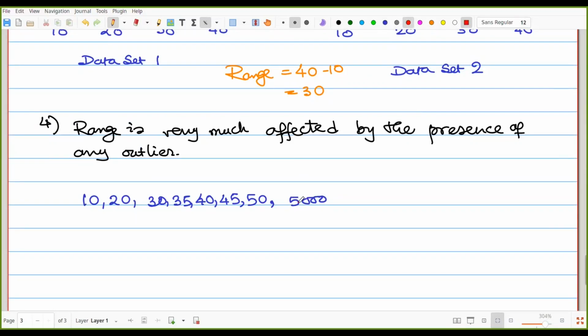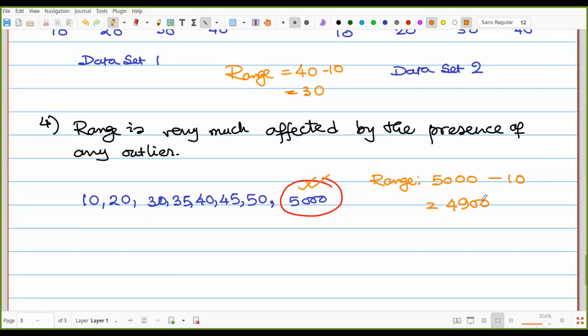Practically that 5,000 is the outlier, because all the data other than 5,000 is nearly the same, but 5,000 is quite different from the other items. So here the range becomes 5,000 minus the lowest value, 10.